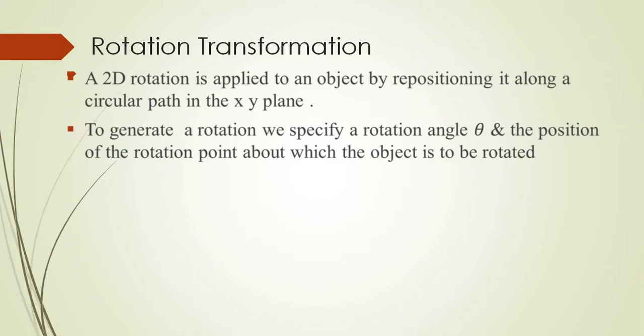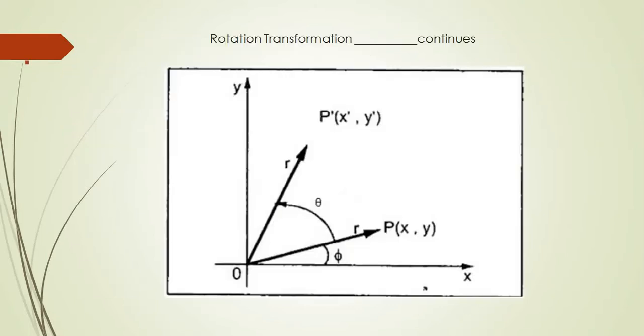In a rotation transformation, 2D rotation is applied to an object by repositioning it along a circular path in the xy plane. In a rotation, we specify the rotation angle, that is theta, and the position of the rotation point about which the object is to be rotated.